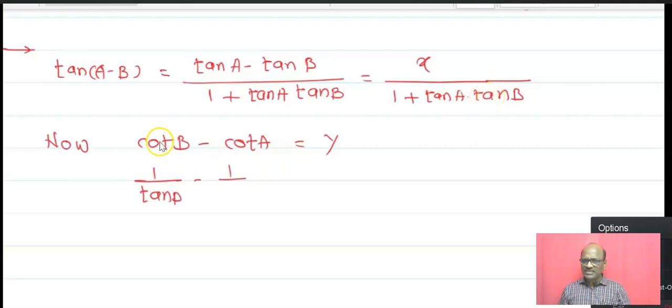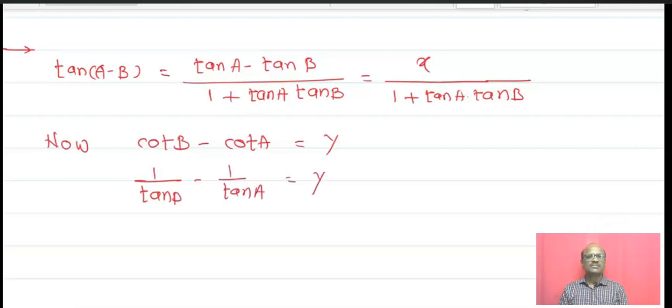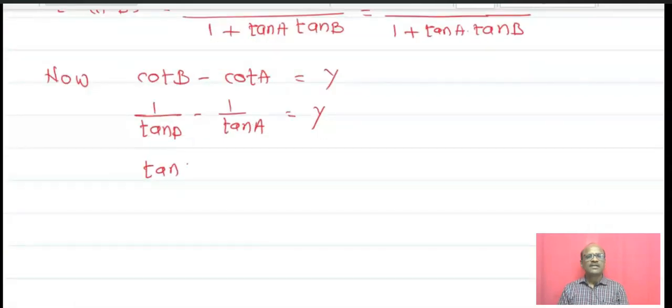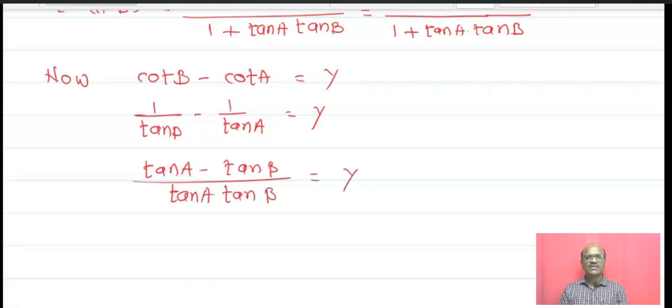Now, how is it written? Cot B minus cot A is equal to y. Therefore, it is 1 upon tan B minus 1 upon tan A is equal to y. Now make cross multiplication. Therefore, (tan A minus tan B) upon (tan A tan B) is equal to y.